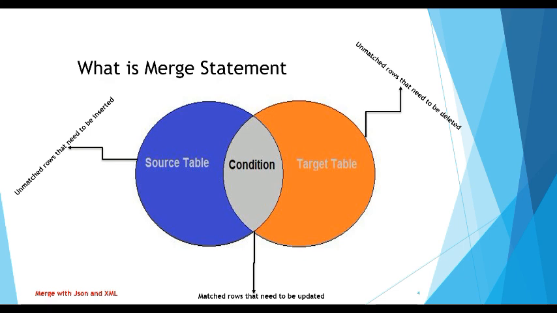And one question may be in your mind: why is the merge statement used in SQL? Because merge in SQL helps perform repetitive tasks with a single query, which means that when we want to insert, delete, and update data in a table, the merge statement comes into action because it does all three operations through a single merge statement.